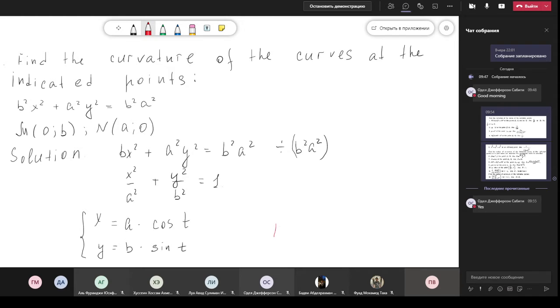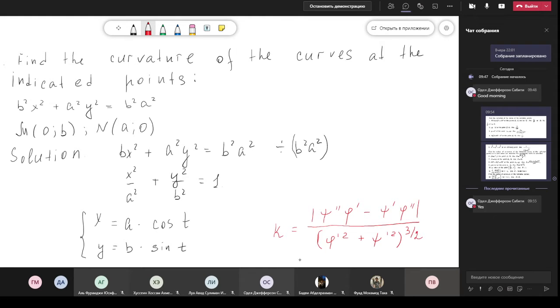K is the modulus of psi double prime phi prime minus psi prime phi double prime, over phi prime squared plus psi prime squared in brackets, with power 3 over 2.